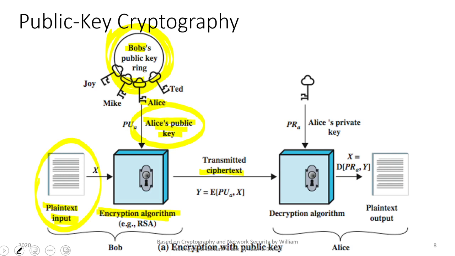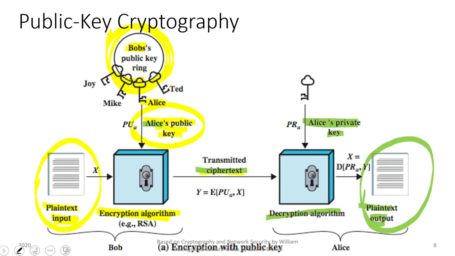Then at the receiving end, Alice is going to receive a ciphertext that was originally encrypted using Alice's public key. To decrypt that, Alice would need the corresponding private key. So Alice would use the private key and the decryption algorithm to get the plain text.